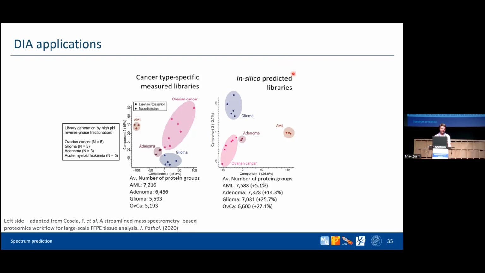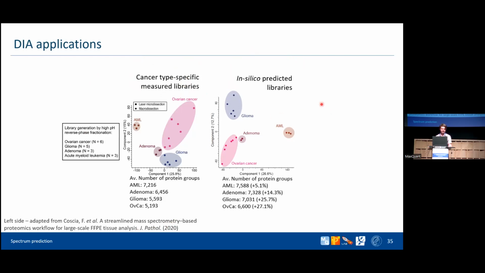For example, here we have principal component analysis results of tissue samples of different cancers. The data on the left was analyzed using cancer type specific measured libraries.